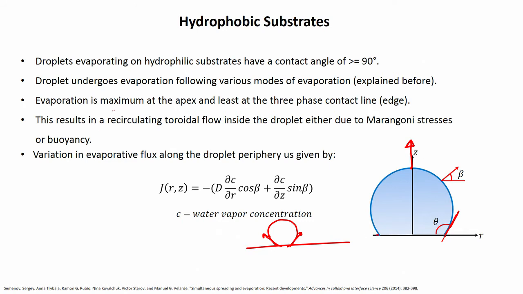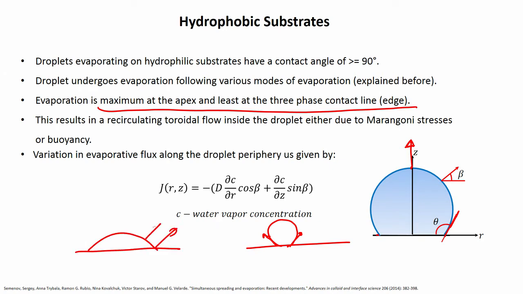So it is a complete reversal. Okay. So compared to a sessile droplet, what we had was that the evaporation was maximum here, sorry, and low in these zones. Here it is just the opposite, it is maximum here and it is the lowest at this particular point. So you get something like this.